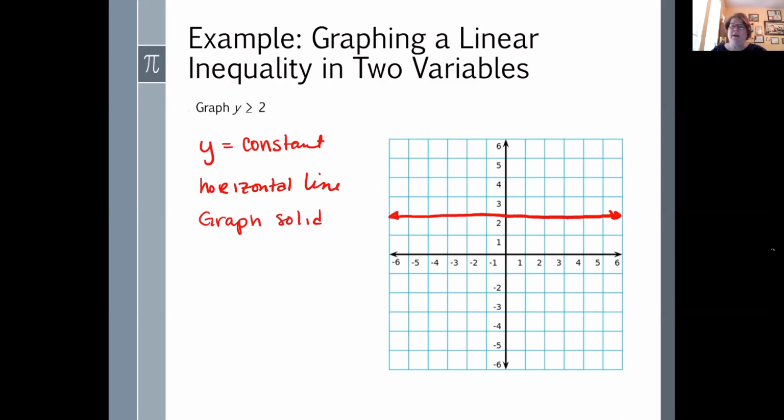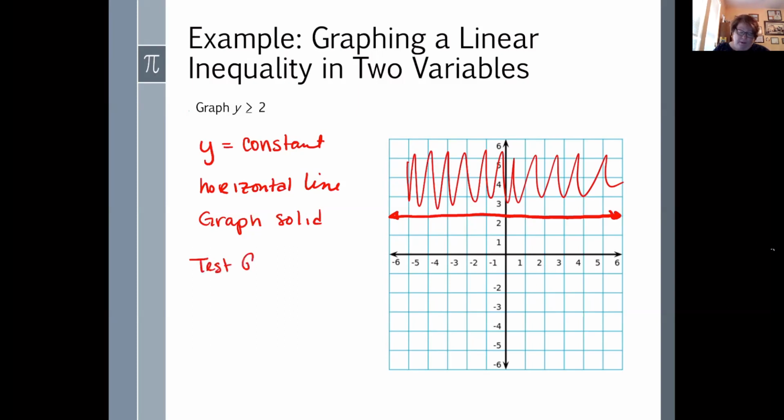Now, am I going to shade above or below this line? Well, since it's y is greater than 2, we would shade above. You could also pick a test point to show that that's true. Let's pick 0, 0.